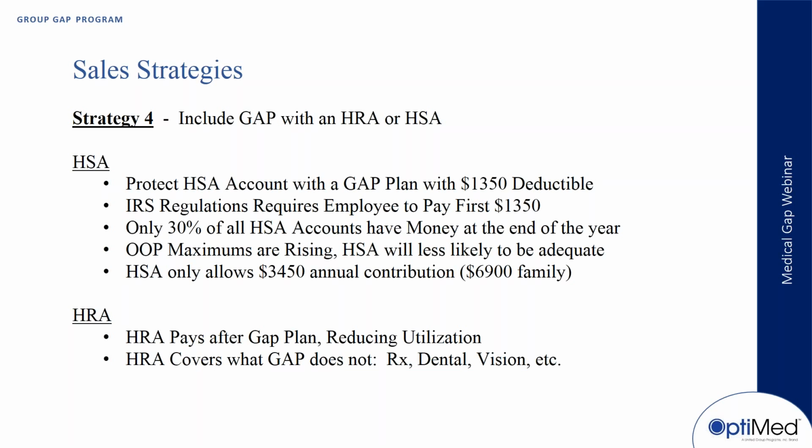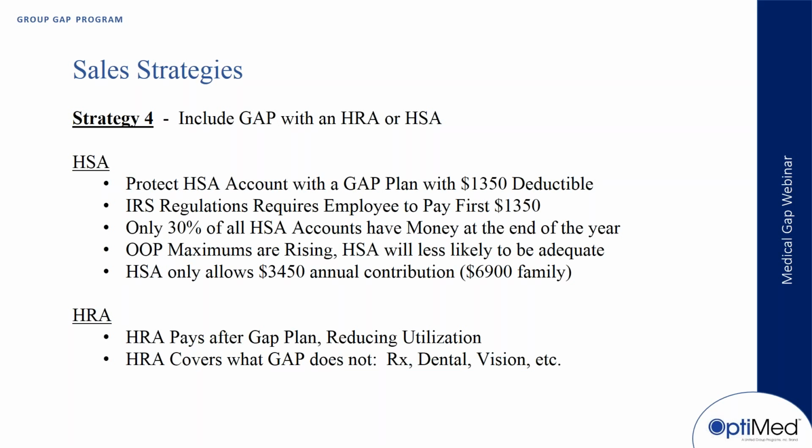Now with HRAs, a lot of times what we'll do is we'll be the first dollar portion of the GAP. So for example, I want an HRA $4,000 of deductible. Employer groups will say, okay, I want OptiMed to do a 4,000, 2,000 plan, meaning I want a 4,000 inpatient benefit with a $2,000 outpatient benefit, and then I'll HRA the other $2,000 in outpatient so that the employee is whole.